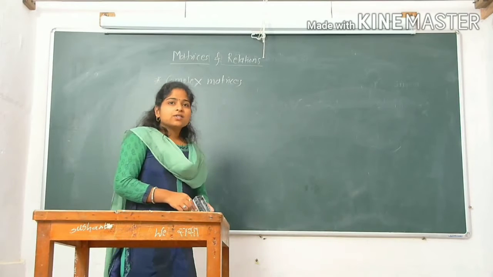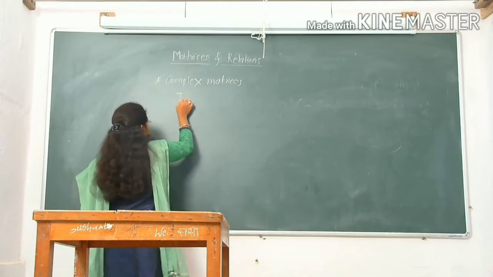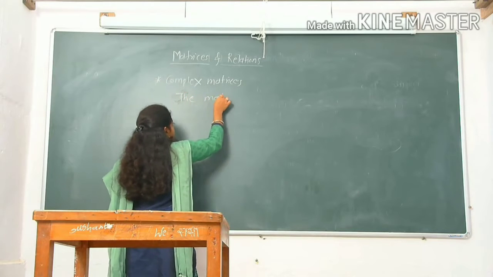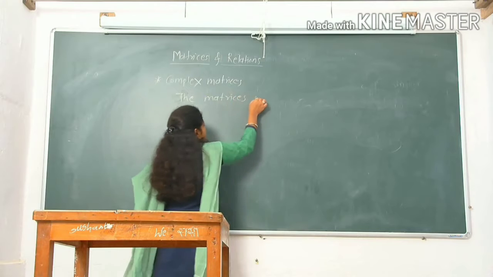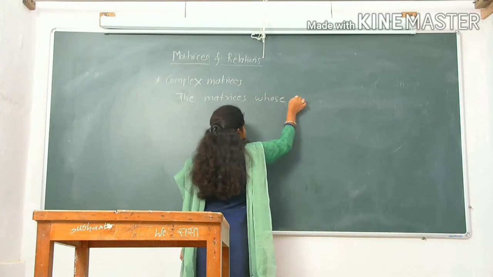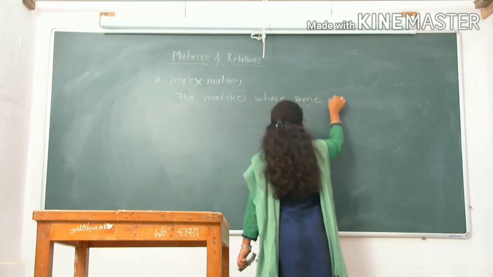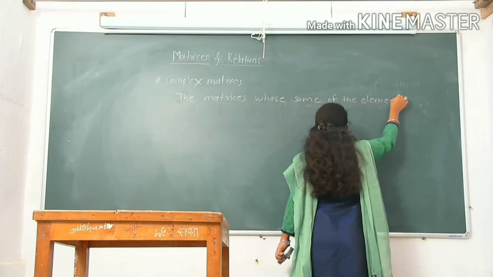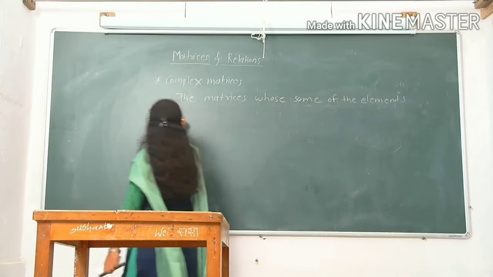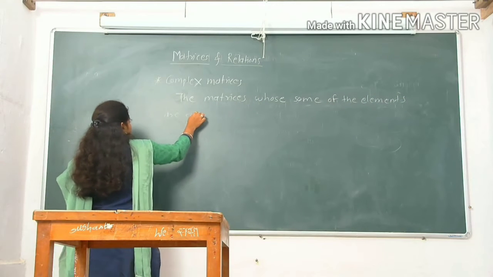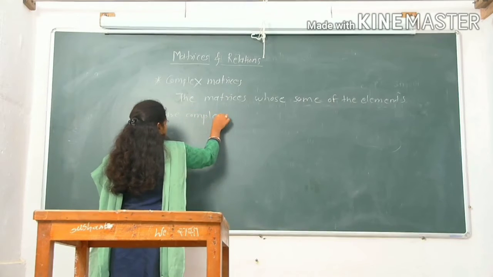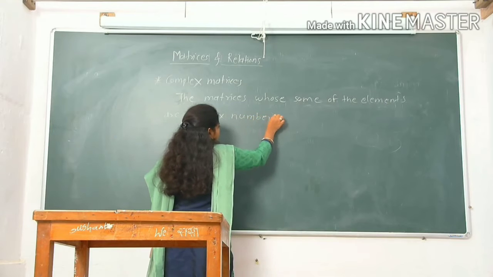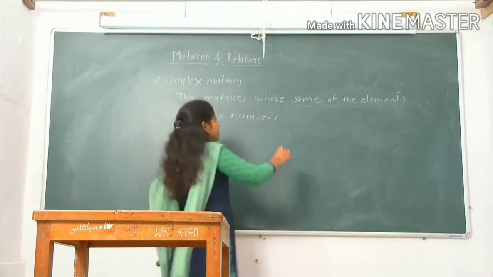The matrices whose elements are complex numbers are called complex matrices.